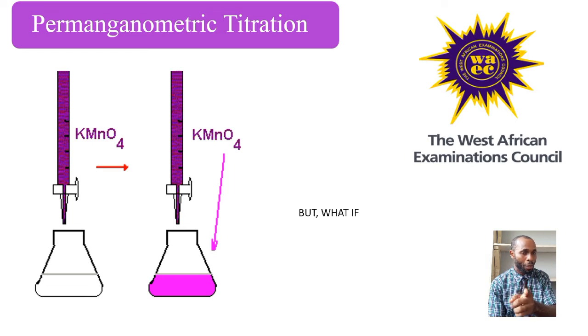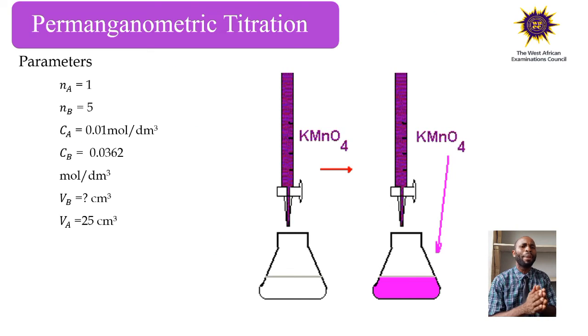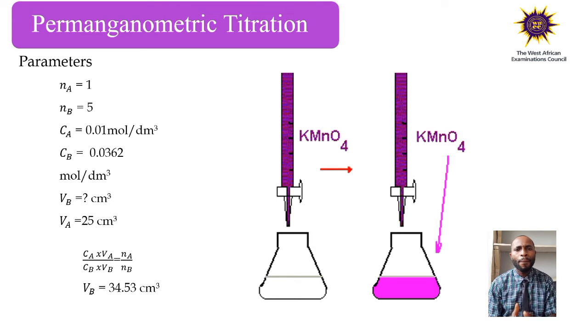So be careful. If they are saying this, that means the expected answer should be lying on 34.53 centimeter cube. So your expected answer might be between 34 to 35 centimeter cube. That is if there is an inversion of the reaction.